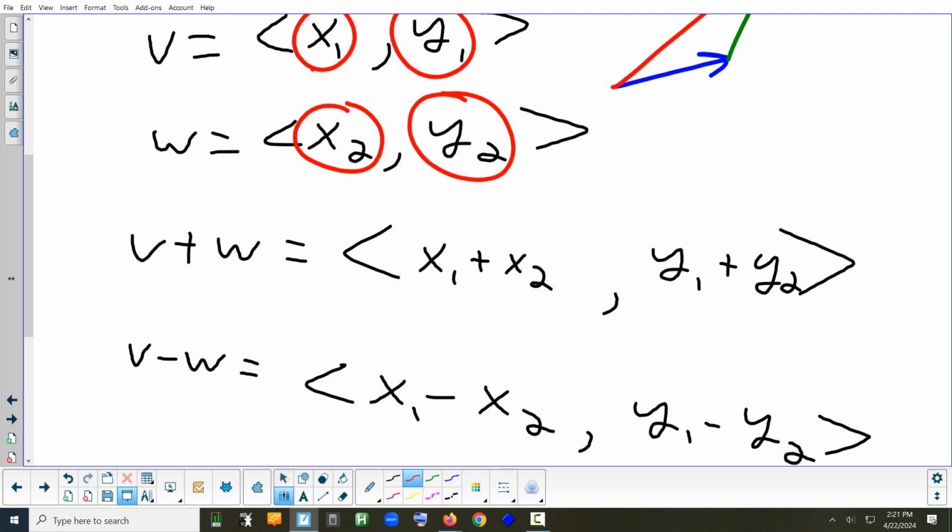You just take the first horizontal component and subtract the second one. Take the first vertical component, subtract the second one. Now with subtraction, does the order you subtract them in make a difference? Yes. Addition, no. But subtraction, you have to do it in the order they tell you. If it was w minus v, that's a different question.